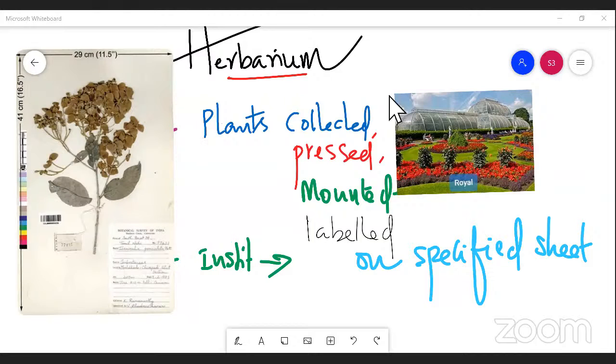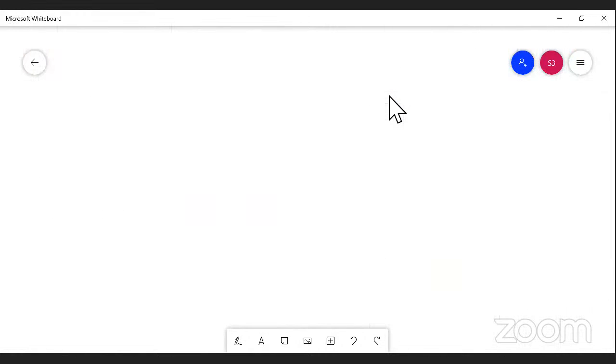So as I said, this is a collection of plants which are mounted on a specific sheet. That is the difference between herbarium and herbarium. They're not only plant species, but also an institute. Okay. Then what are the steps involved in herbarium and what is the basic procedure? Actually, when we prepare a herbarium, it is a collection of plant species.